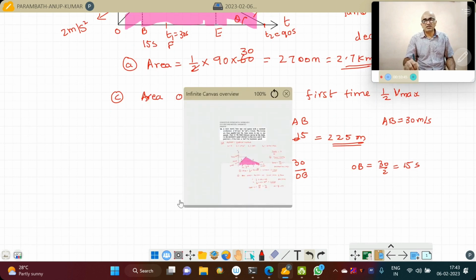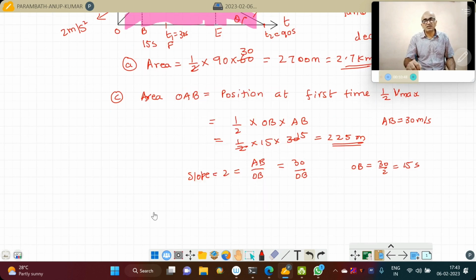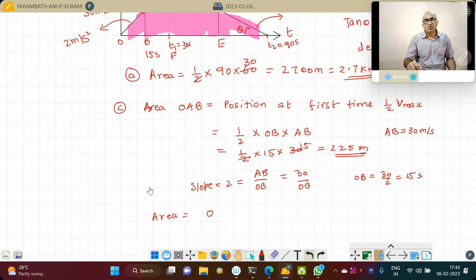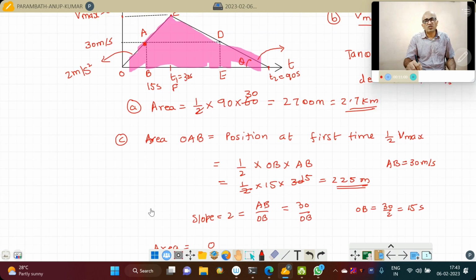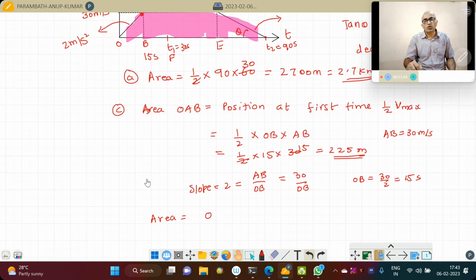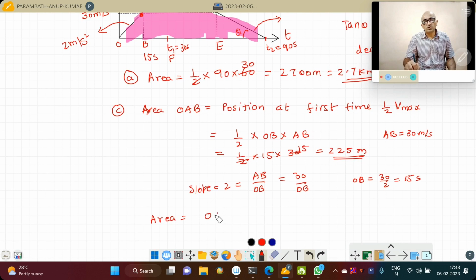That will give me the next half the maximum speed. That is, area will be O C D E O.